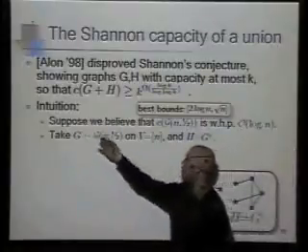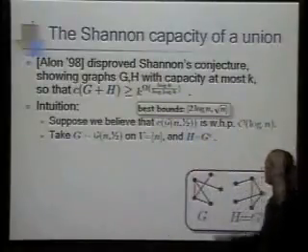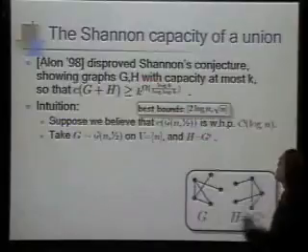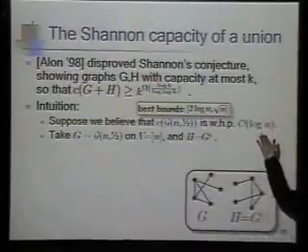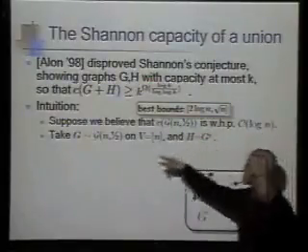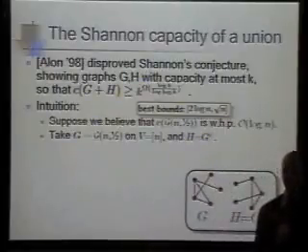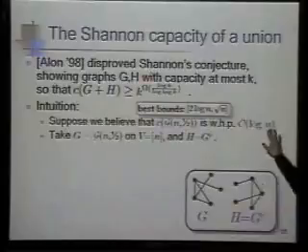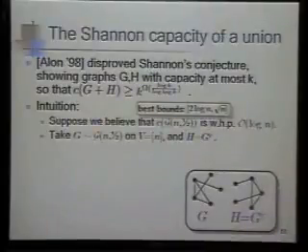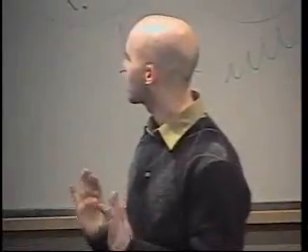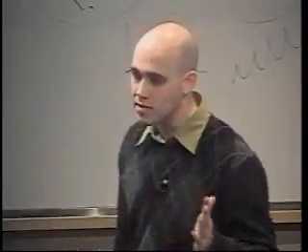Since G was a random graph, G(n,1/2), and we stated that with high probability its capacity is O of log n, then both G and its complement, which is also a G(n,1/2) graph, have capacity O of log n. So our initial requirement is okay. This k will be log n.